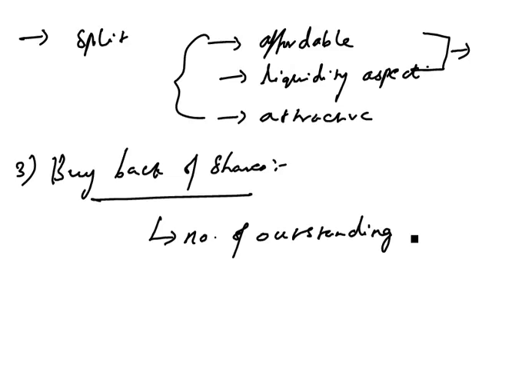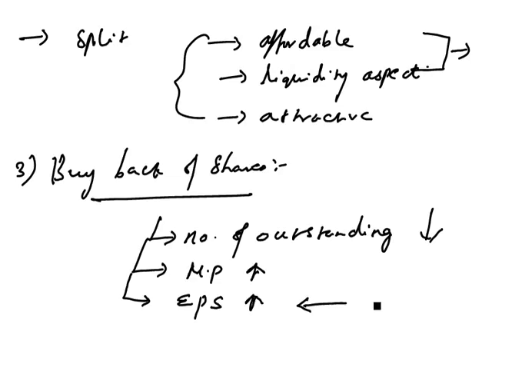When the number of outstanding shares gets reduced, the demand for the shares will go up, and thereby the market price of the share will go up. If the market price goes up, then the earnings per share also goes up. So this increases the wealth of the shareholder. That is in fact the wealth maximization concept. So this is one major reason why companies go for a buyback of shares.